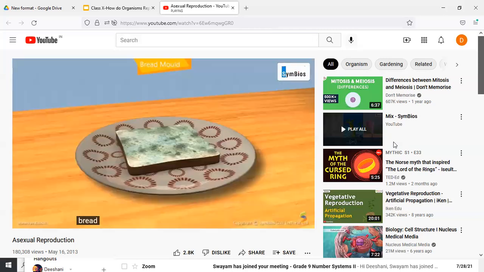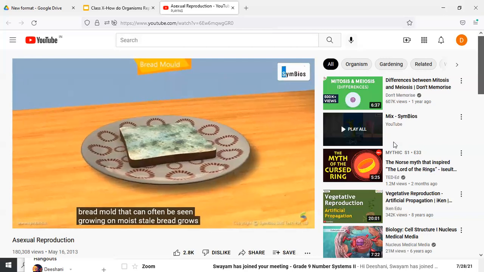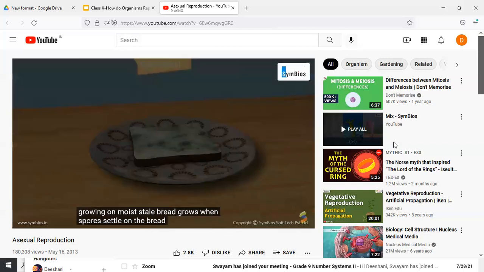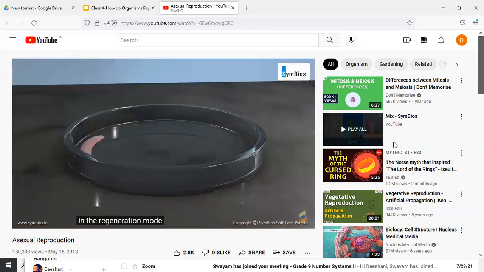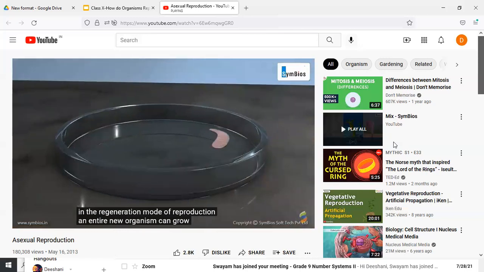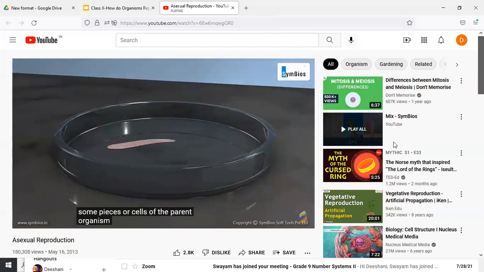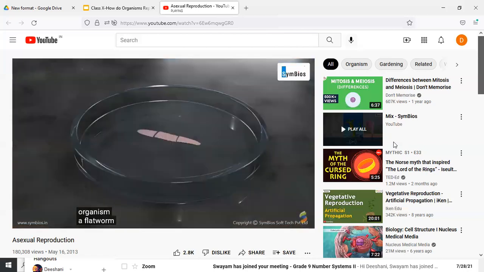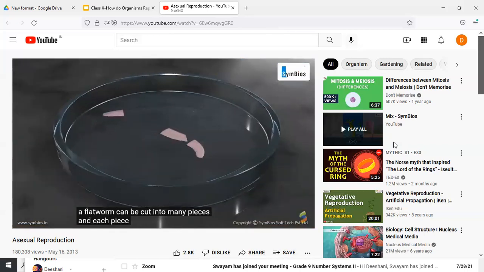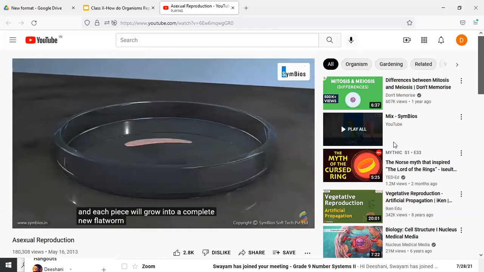Bread mold, that can often be seen growing on moist, stale bread, grows when spores settle on the bread. In the regeneration mode of reproduction, an entire new organism can grow from some pieces or cells of the parent organism. A flatworm can be cut into many pieces, and each piece will grow into a complete new flatworm.